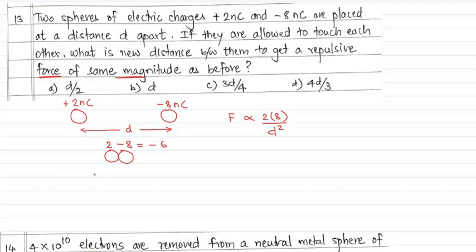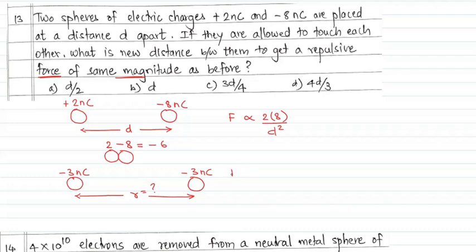So if again they are placed at same distance, so sorry, not at same distance but at a certain distance so that force is the same. So when they are separated, first one will have a charge of minus 3 nanocoulomb. Second one will also have a charge of minus 3 nanocoulomb. Distance between these two I will take r, which we are required to find.